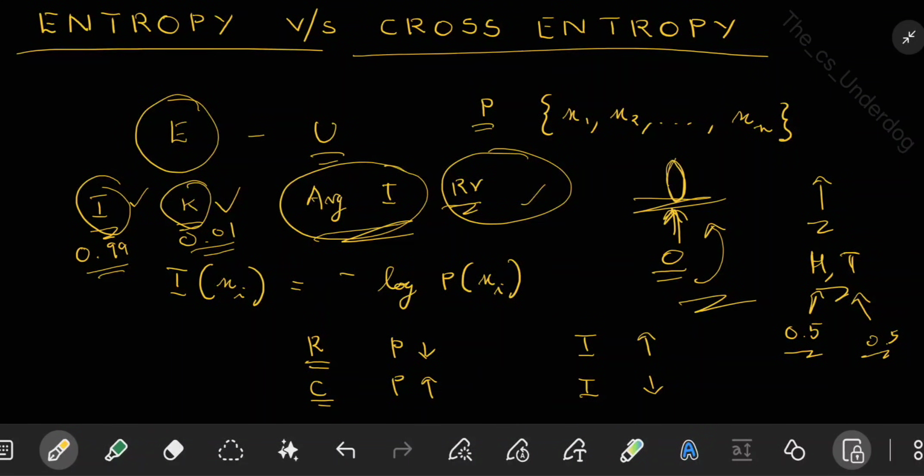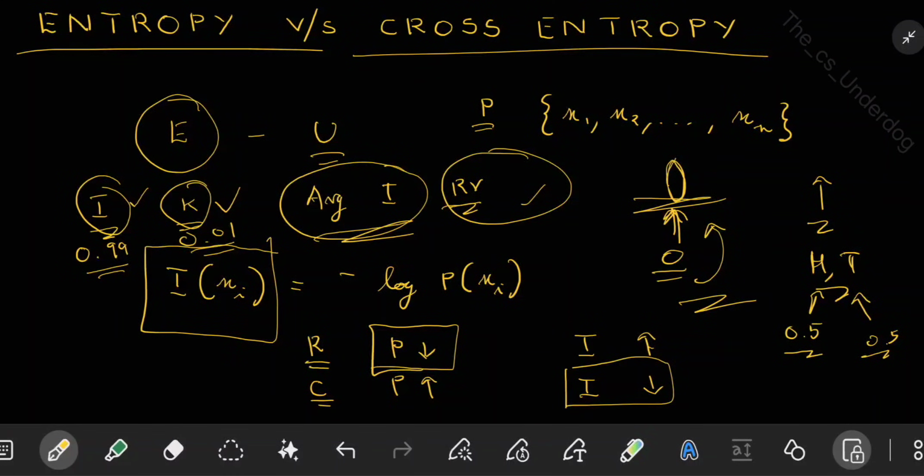This is why when someone tells you, hey, Kenya won this match, you gained a lot of information. So information gain is always larger for an event with lower probability, and always lower for an event with larger probability.